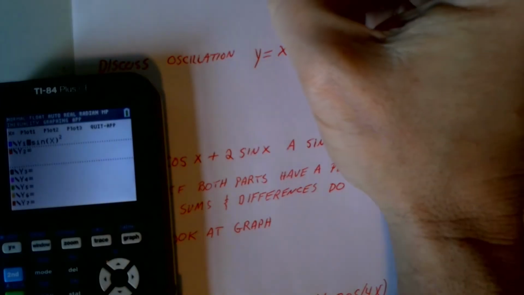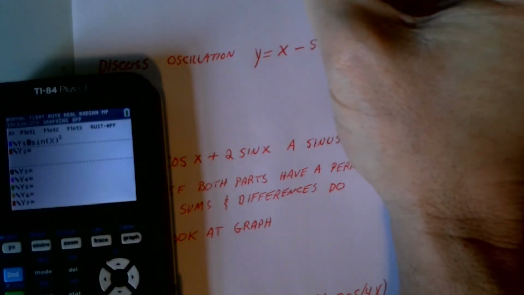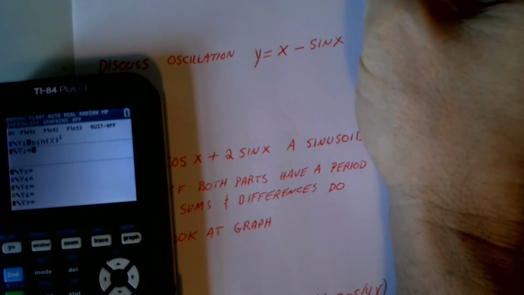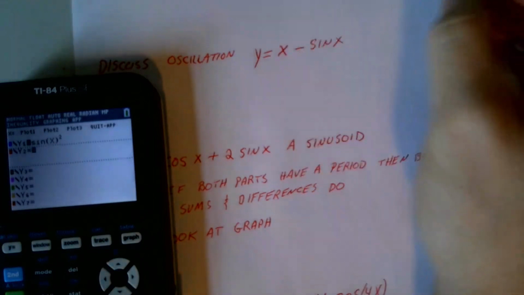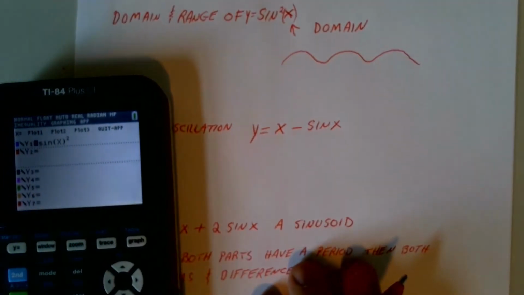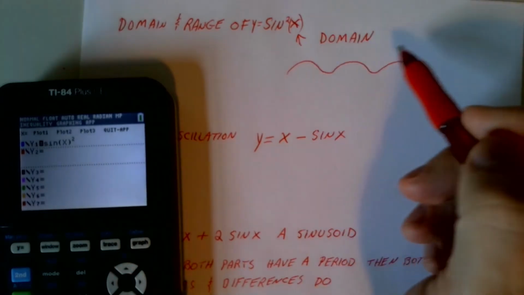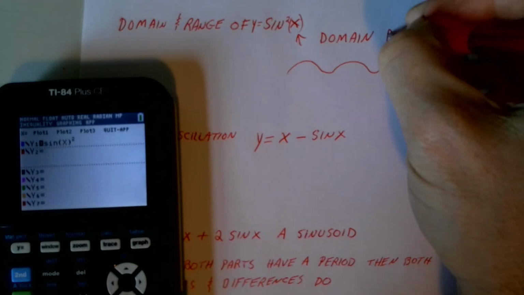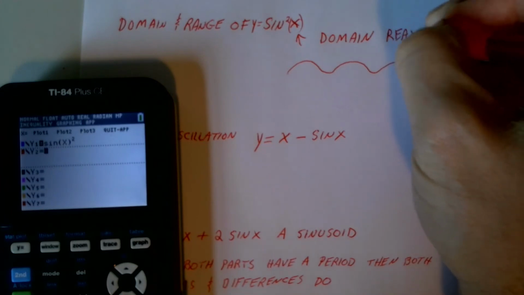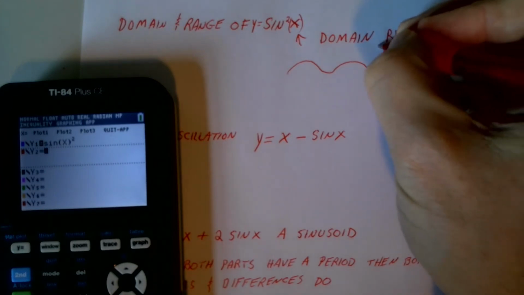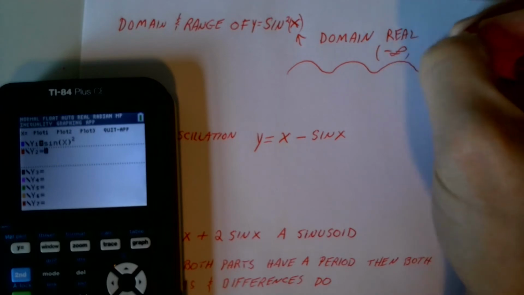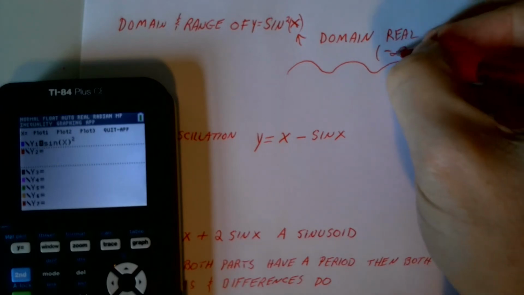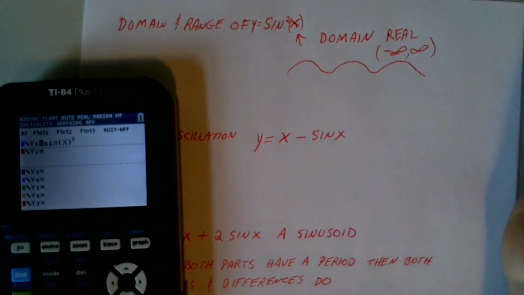And you saw when we just graphed it, it went like this, right? That every x is available for that. So that domain would be all real numbers, or everything from negative infinity to positive infinity.